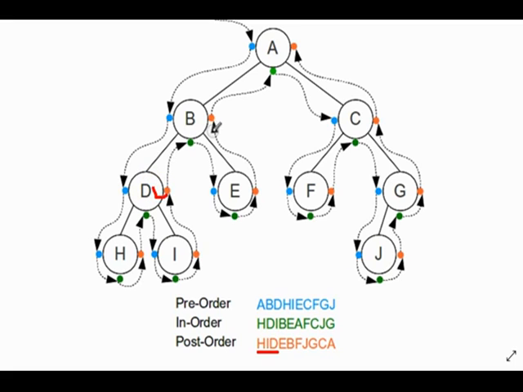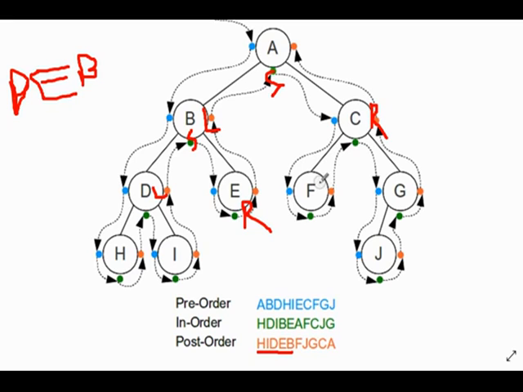Left, self, R. So D, E, B, which you can see over here, EB. Okay. Now left, self, R. So B, R, C. But for C, I have a left.